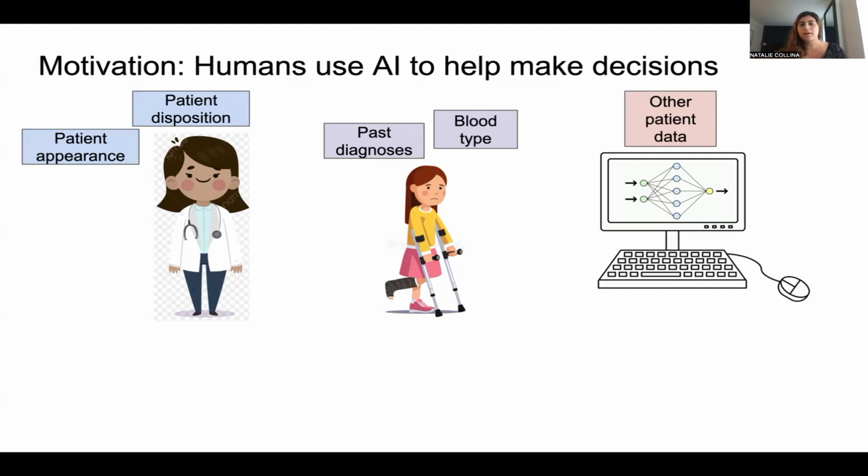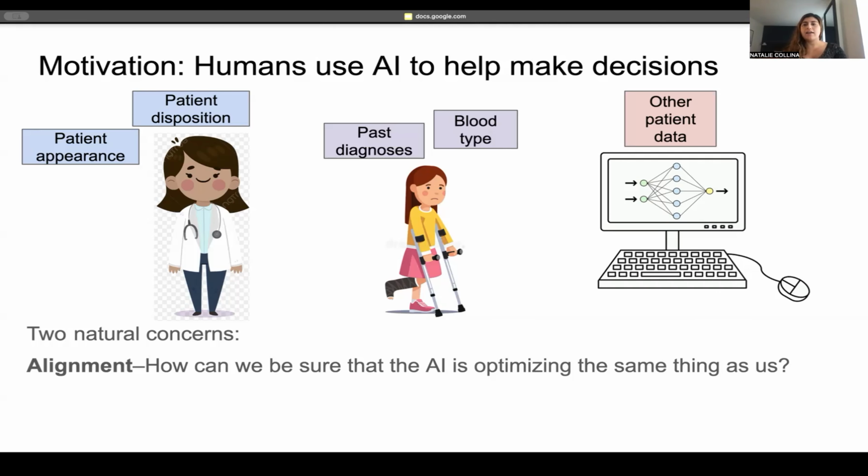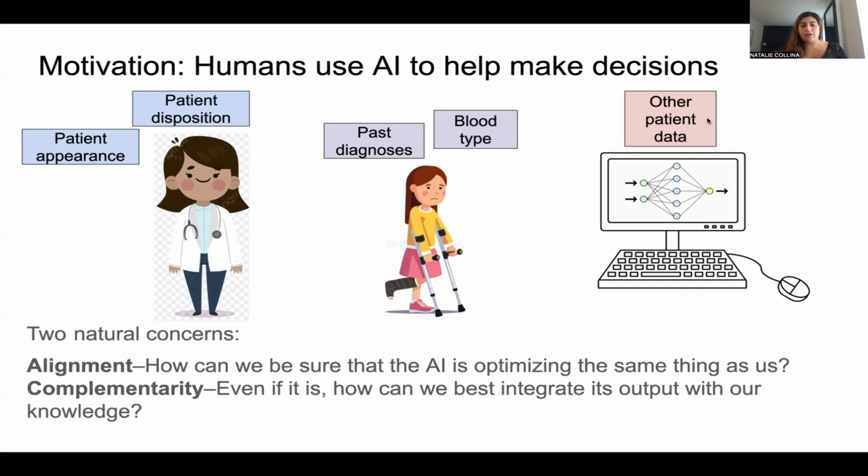I see two natural concerns with this interaction. The first is alignment. How can we be sure that the AI is optimizing the same thing as us when we ask it for help in coming up with recommendations for the treatment plan for this patient? And the second is complementarity.